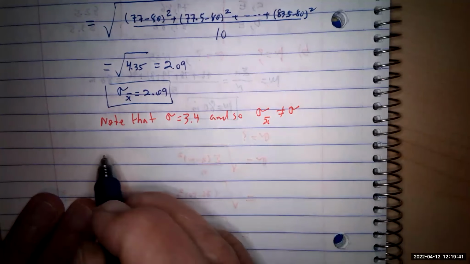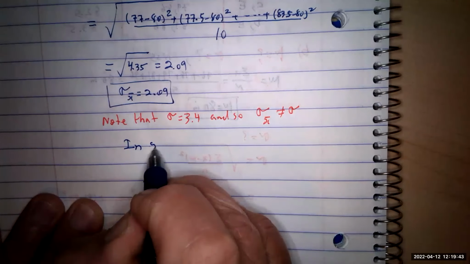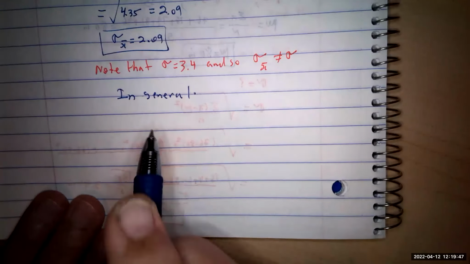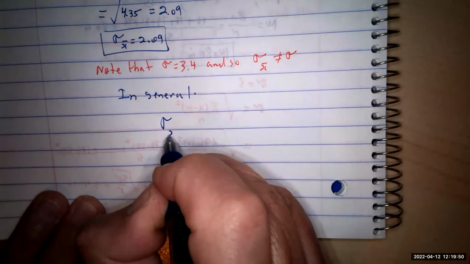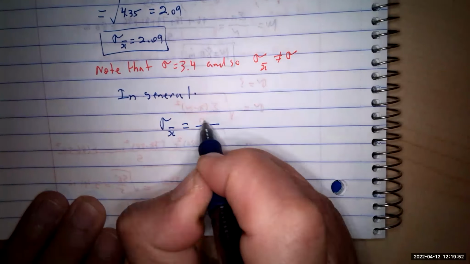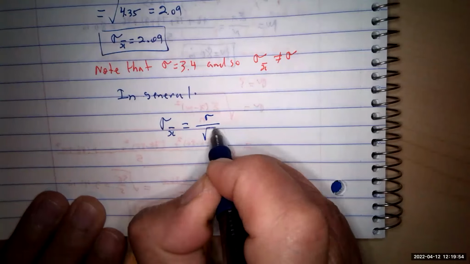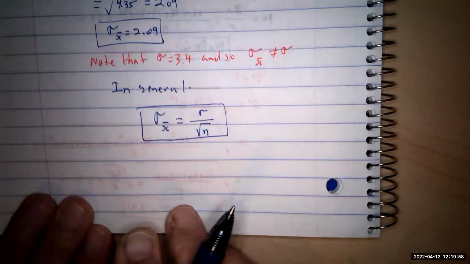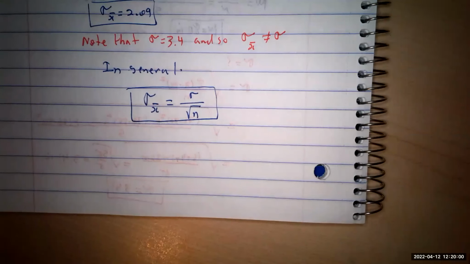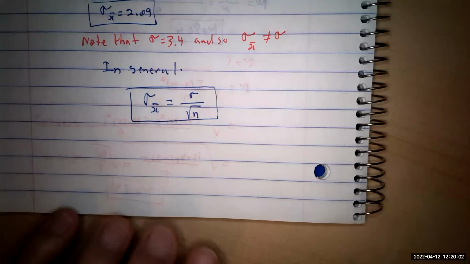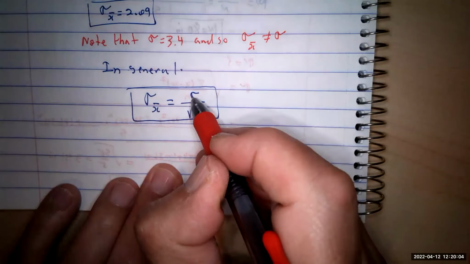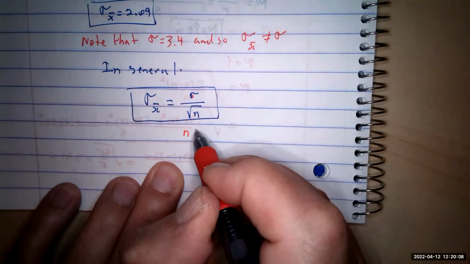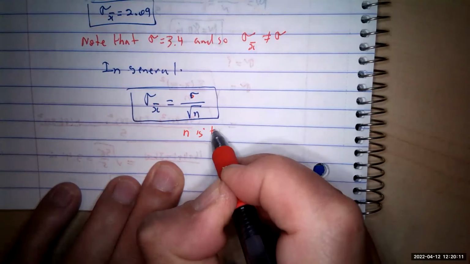In general, the relationship is this: sigma of X bar is equal to sigma divided by the square root of n. Remember, n is the sample size that you pick, and sigma is the standard deviation of the original one.